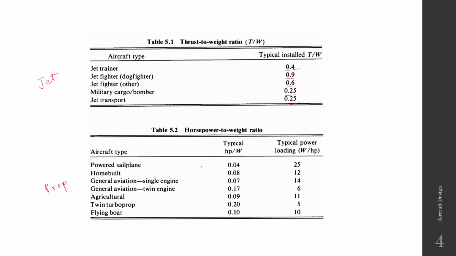Then for propeller aircraft, here there are two columns. The first one is HP by W, horsepower by weight, and the inverse of that is given in the other column, weight by horsepower, which is defined as power loading.